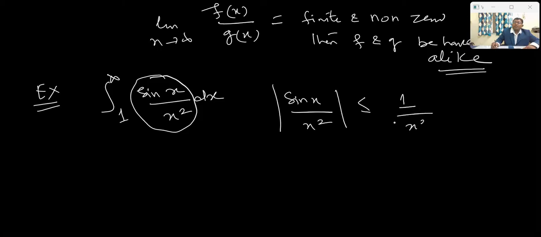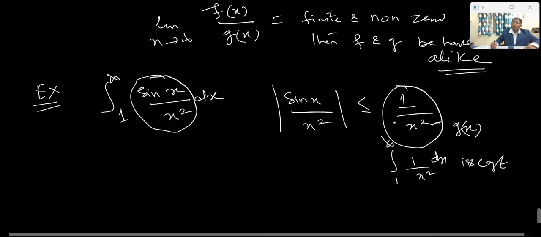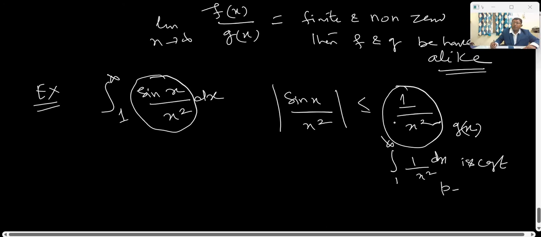So if I take 1 by x square as my g(x), what happens to it? The integral of 1 by x square from 1 to infinity is convergent, because it is the p-test with p equal to 2, which is greater than 1. So by the test this is convergent.